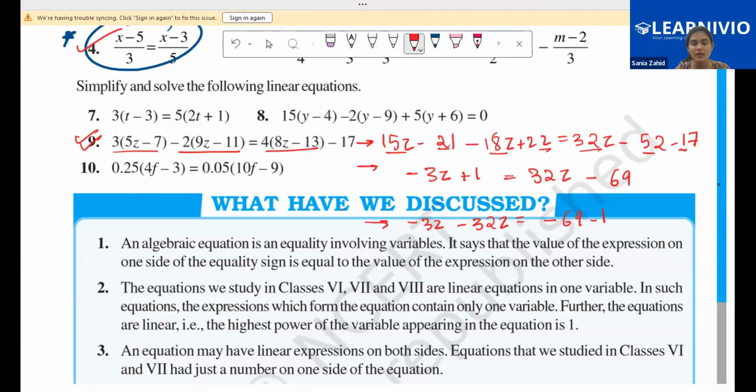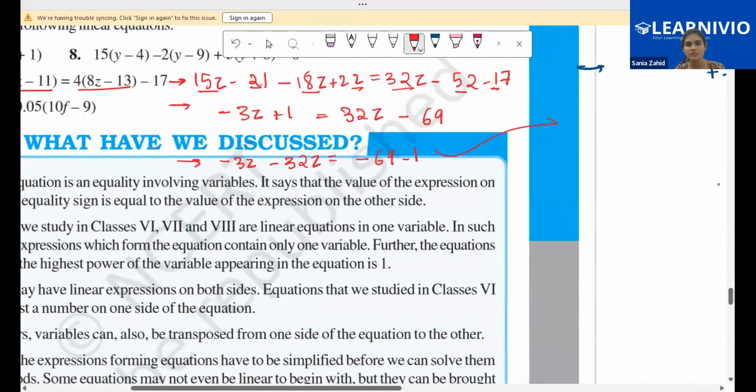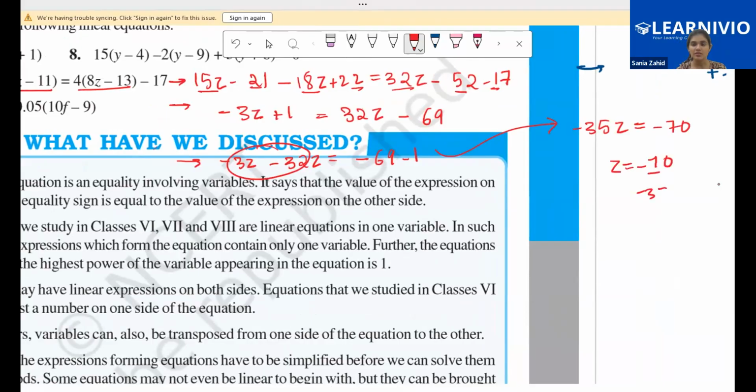So minus 3z minus 32z is how much now? Minus 35z. Minus 35z is equal to minus 69 and minus 1, how much? Minus 70. Minus 70 is equal to minus 70 by minus 35.